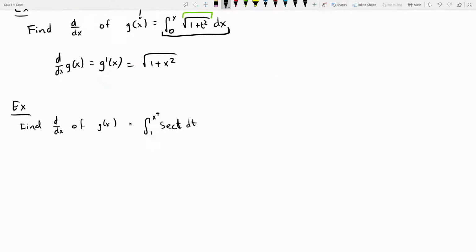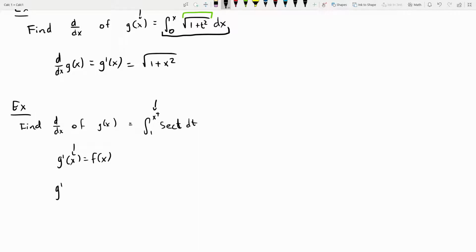Now moving on to a slightly more complex example, we're asked to find the derivative of this function, and its input parameter is now x to the power of 4. Again, according to the fundamental theorem of calculus, g prime is equal to f of x. However, we can notice that it's g prime of only x, but here we have x to the power of 4.